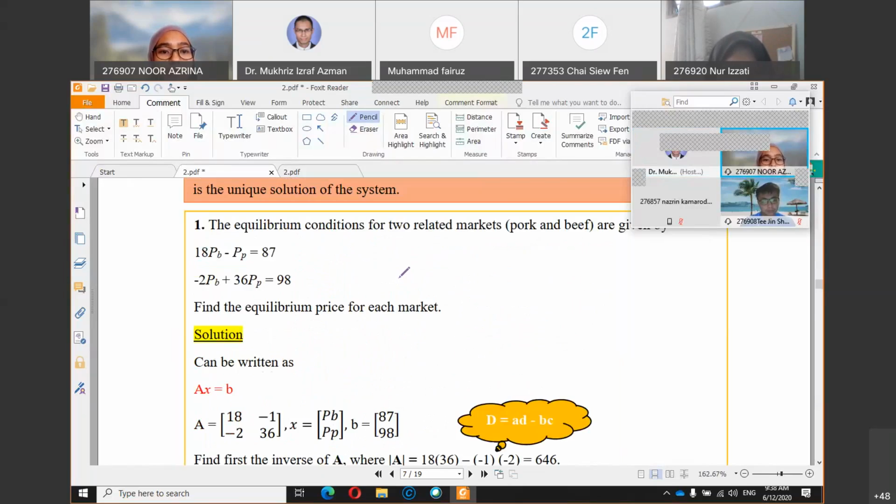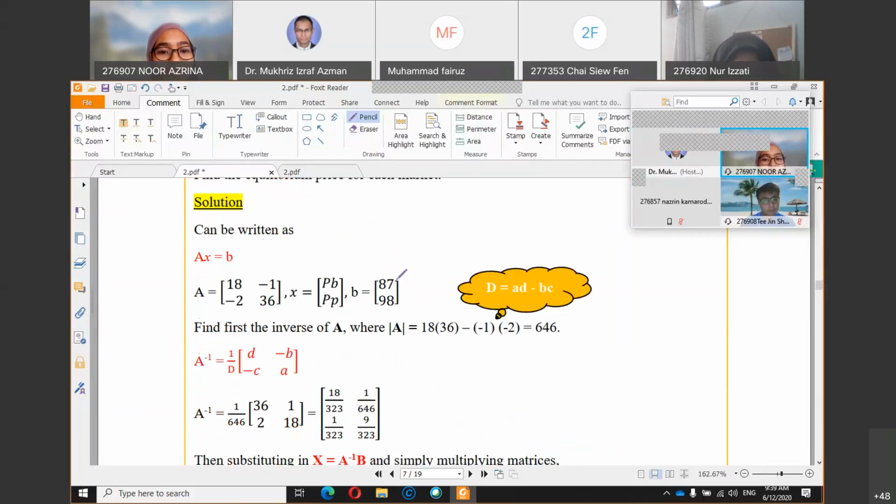For this question, the task is to find the equilibrium price for each market. The question already gave the equations. So first, we use AX equal to B, and then we separate the A matrix, the X matrix, and the B matrix. Then we find the inverse of A, where we cross multiply the matrix numbers and subtract the cross multiplication of the other matrix numbers, and then we get 646.